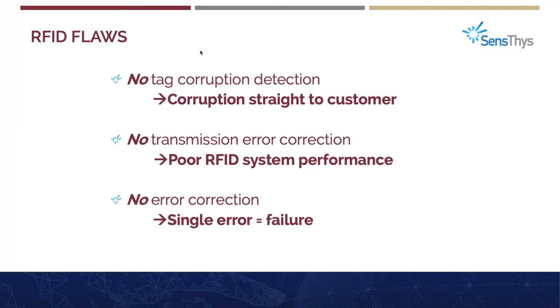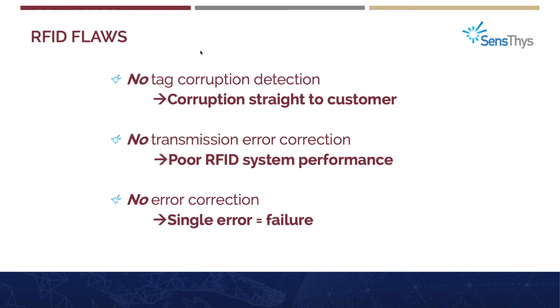That bad data can be literally sourced from the memory on the tag, or, as we're discussing on the transmission side, it could be happening during the transmission. So the memory may be okay, but the data is getting mixed up on the transmission side due to noise on the channel that we were just discussing.